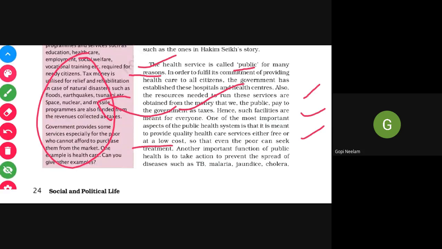So the major agenda is providing quality healthcare services in the government hospital either for free or at a low cost. Sometimes they charge some money for the medicine, the hospital bed rent, some service charges, which is comparatively low compared with private hospitals. Sometimes they provide it free of cost, so that even the poor can seek treatment.